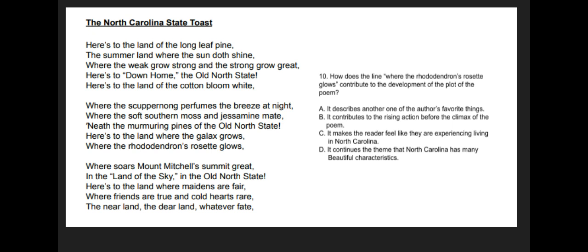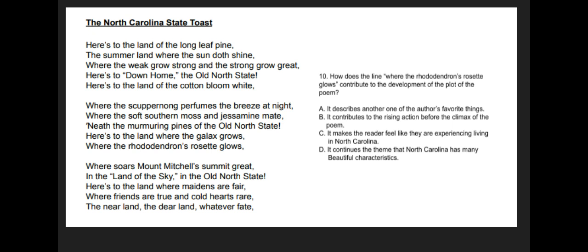Here's to the land where the galax grows, where the rhododendron's rosette glows, where soars Mount Mitchell's summit great, and the land of the sky in the old North State. Here's to the land where maidens are fair, where friends are true, and cold hearts rare. The near land, the dear land, whatever fate.